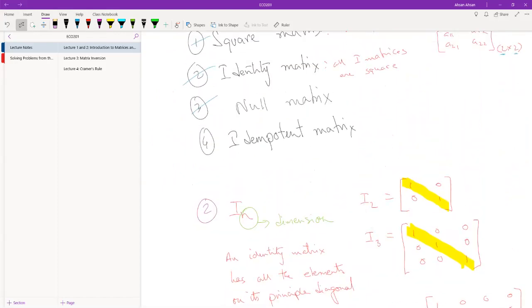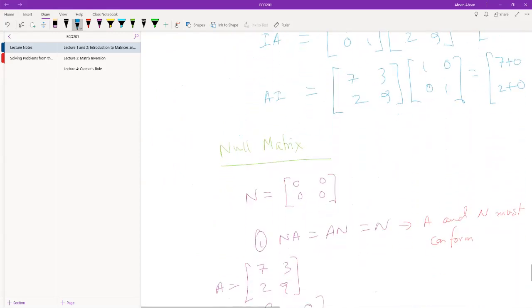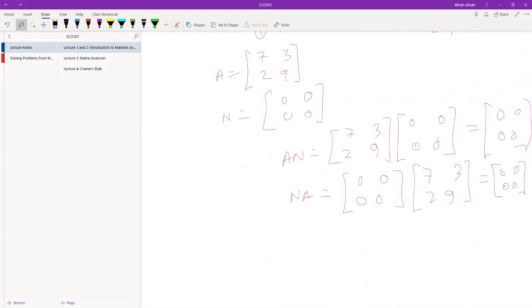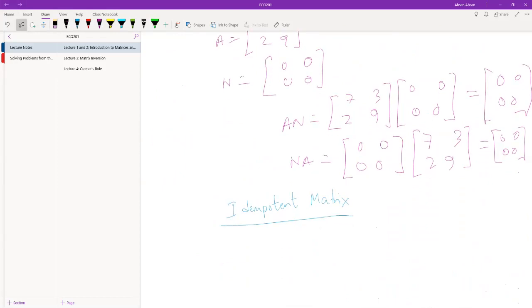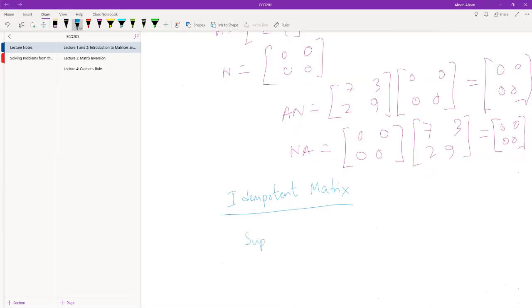And finally, we come to idempotent matrix. So suppose B is an idempotent matrix.